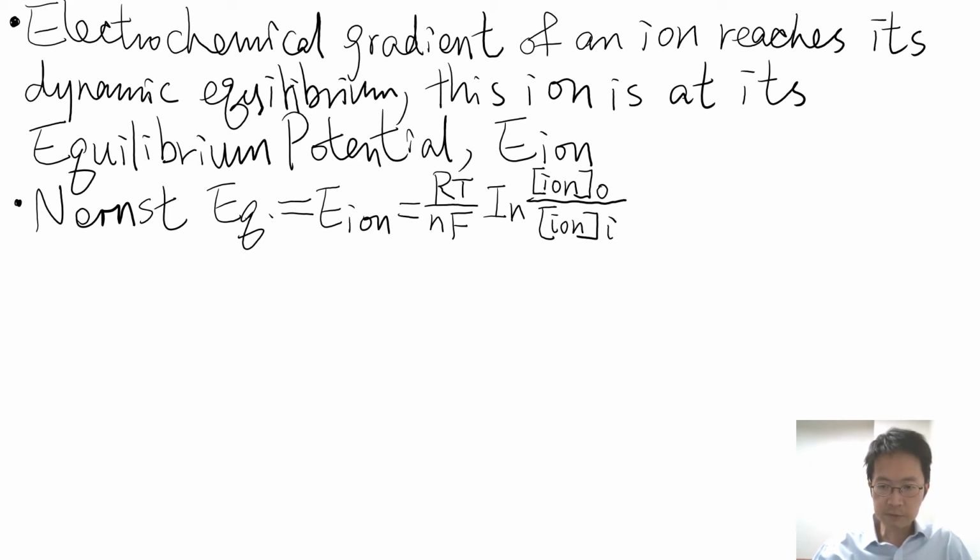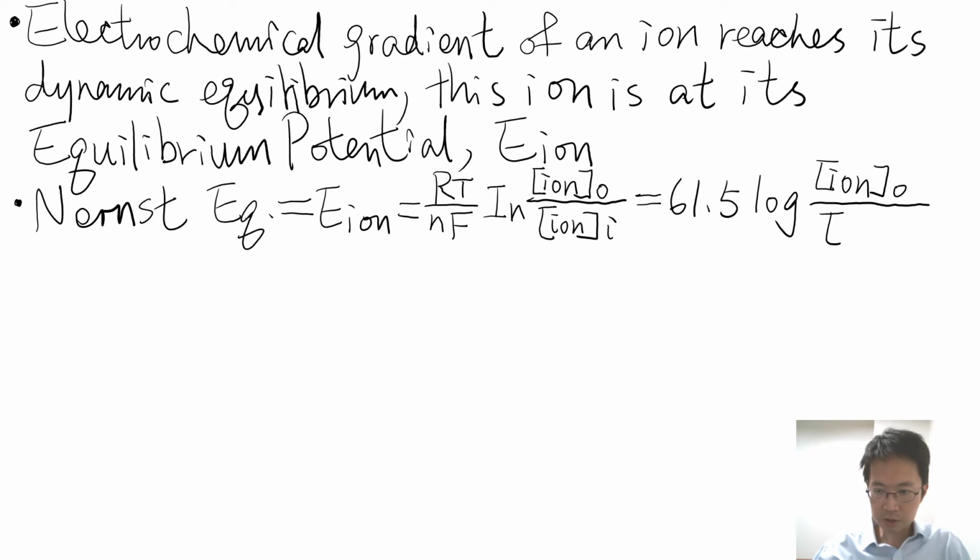We can simplify the Nernst equation into 61.5 times the regular log of the extracellular ion concentration divided by the intracellular ion concentration.